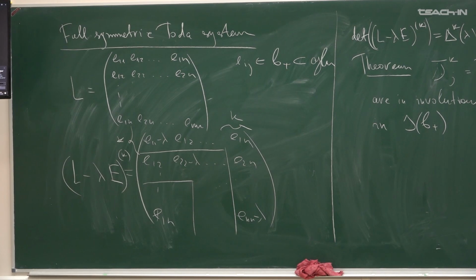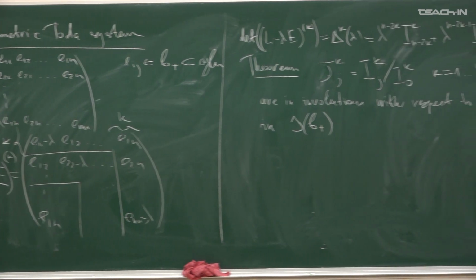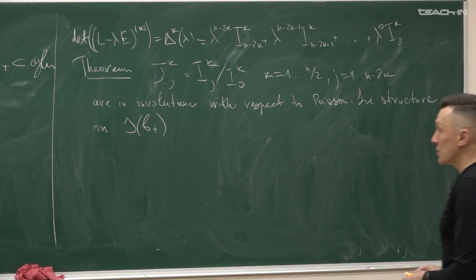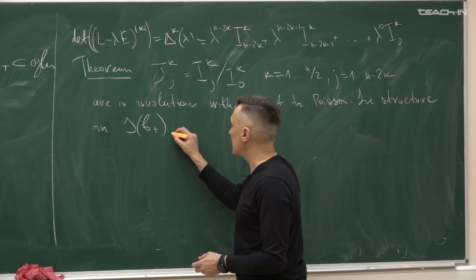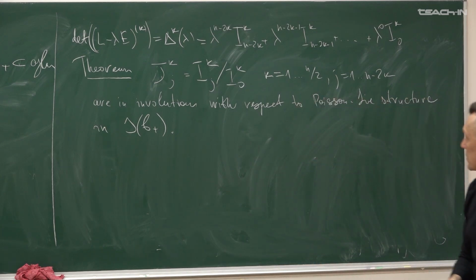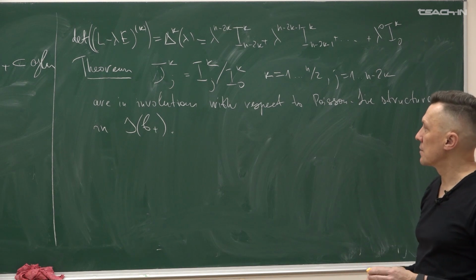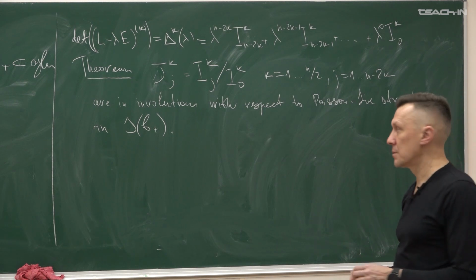I suppose you have verified this statement in examples, but I would like to prove this theorem using the Adler-Kostant-Symes scheme. But first of all, let us understand how it is related with the open Toda chain.